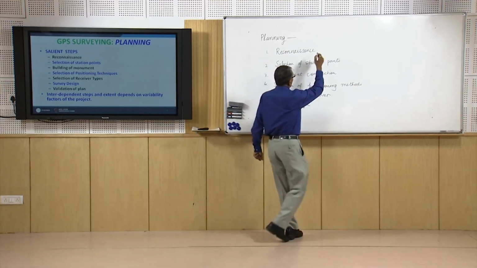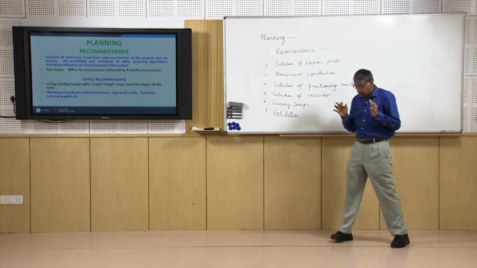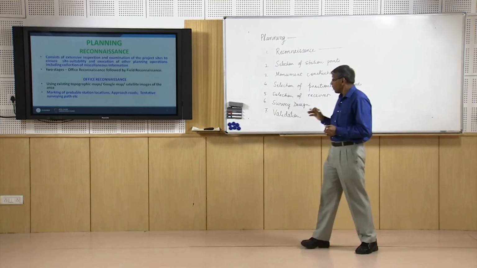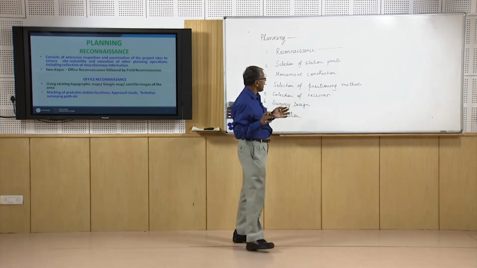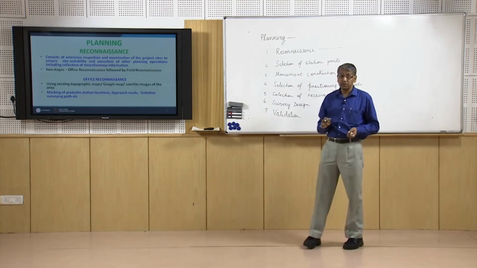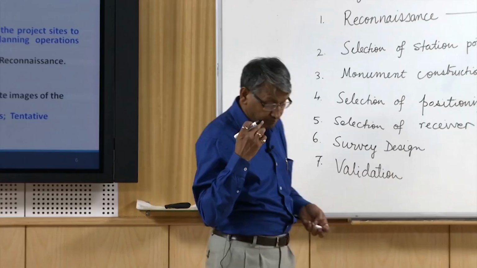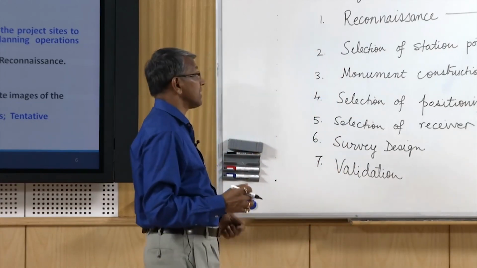Now what is reconnaissance? Why do we go for reconnaissance? During reconnaissance we carry out extensive inspection and examination of the project area to find out the suitability of the land of the area as well as many other points like selection of station points, whether it is suitable for surveying or not, all those things we have to do during reconnaissance.